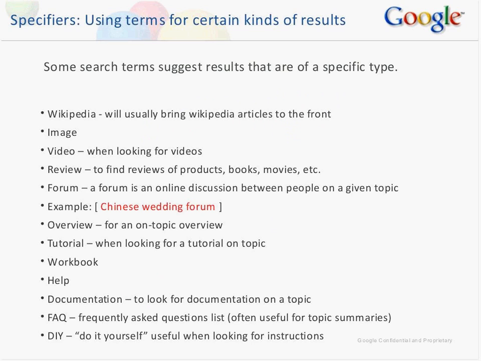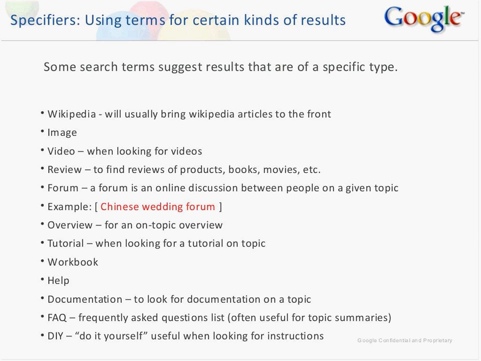So, one of the strategies I teach is to think about making your queries short, making your queries to the point, making them possibly images versus webs, but also you can think about using additional specifiers. That is, words that describe the kind of result you want. Do you want an album? Do you want an example? Do you want a forum? Do you want a workbook? Do you want a frequently asked questions file?